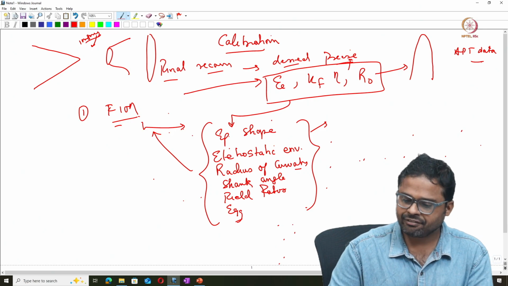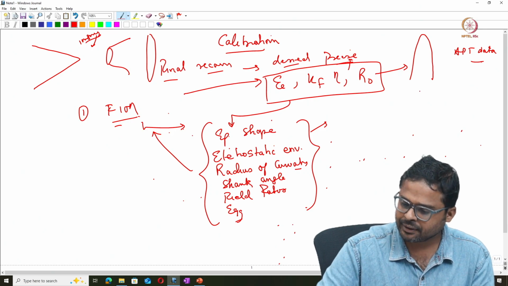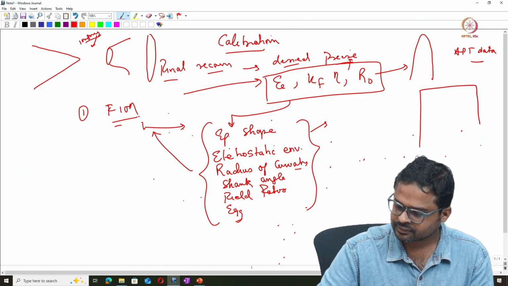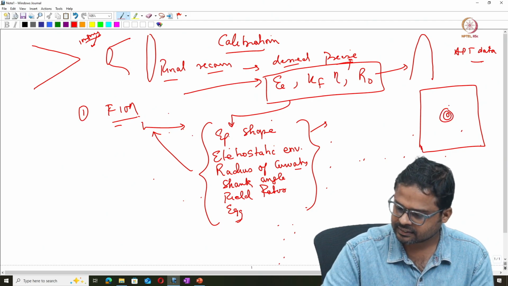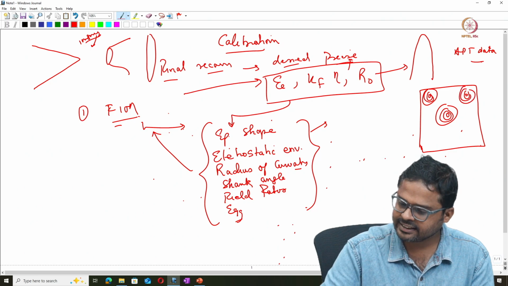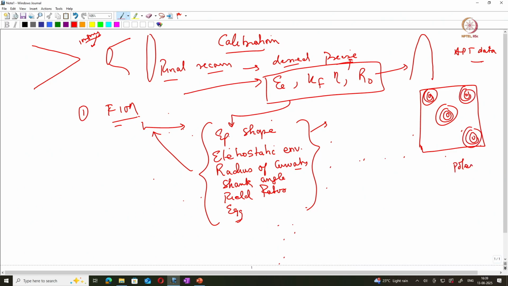In a typical FIM image, you have concentric rings. These rings correspond to certain crystallographic poles, and these concentric rings are nothing but the atomic terraces.